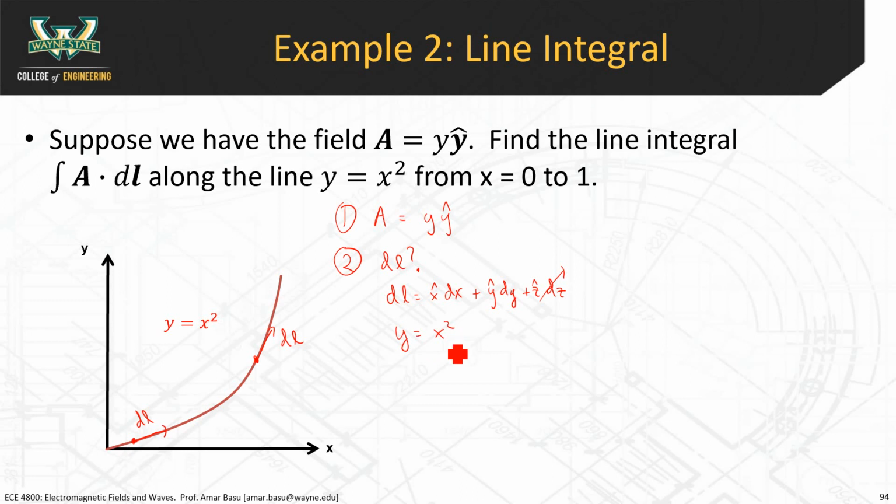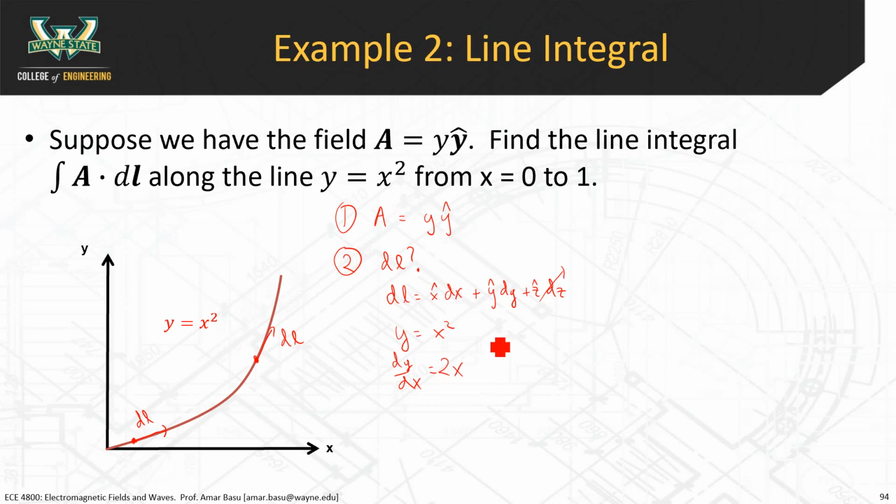That's our line. Now, in order to figure out the relationship between dx and dy, we have to take the derivative of this. So let's take the derivative: dy/dx is equal to 2x.